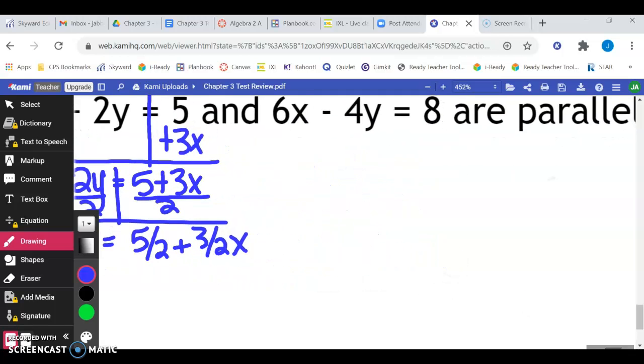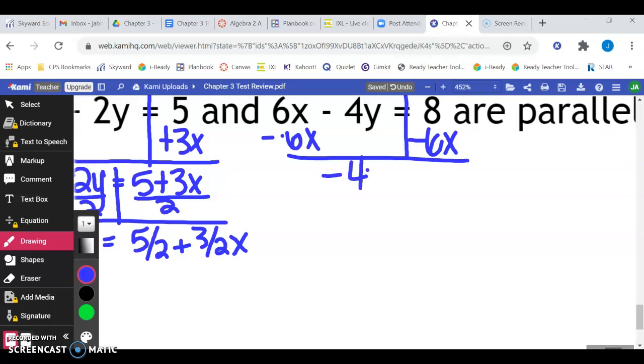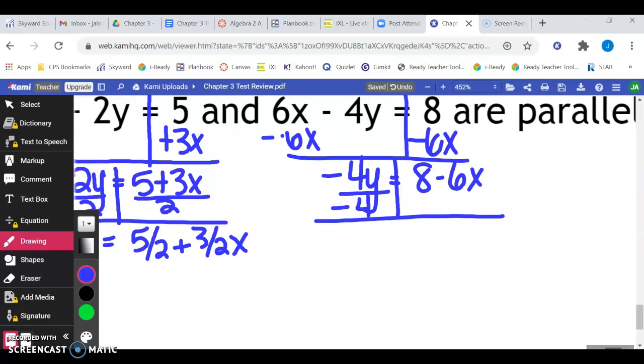And then we have to do the same thing here. Minus 6x. And I'm going to divide by negative 4. 8 divided by negative 4 is negative 2, and negative 6 divided by negative 4 is going to be a positive, and 6 over 4 would reduce to 3 over 2x.